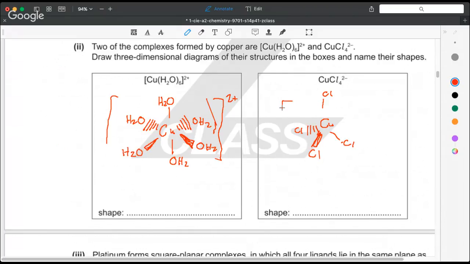And put the square brackets around it again, and you've got this time 2 negative, haven't you? So the shape there, octahedral, shape there, tetrahedral. Okay, good. I think quite easy marks for you there.